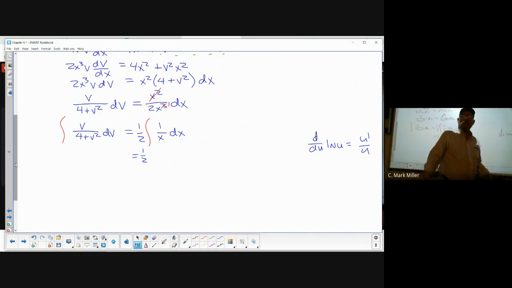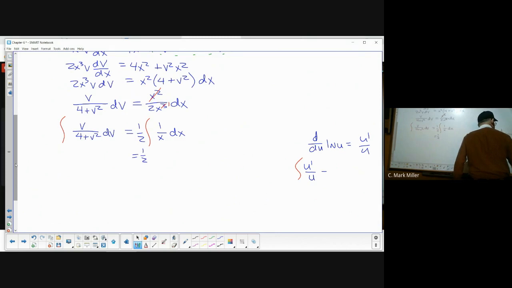That's where you have to know the derivatives. You've got to. And so if you know the derivative of this, you'll know that the indefinite integral of that is, and you actually have to put an absolute value sign around it, plus c.